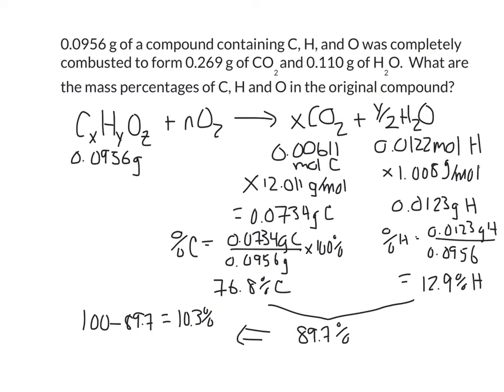So the amount of oxygen that was actually in the sample, I have to get by difference. And so I can say that I have 10.3% oxygen in this sample. That way I can get the percentage carbon, the percentage hydrogen, and by difference, the percentage oxygen in my original compound.